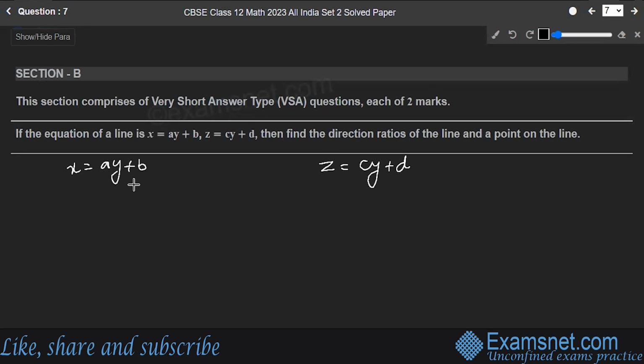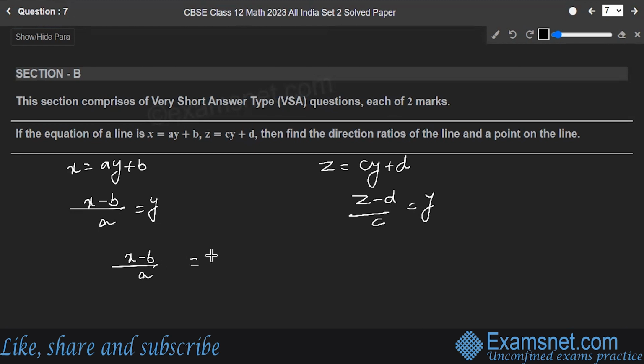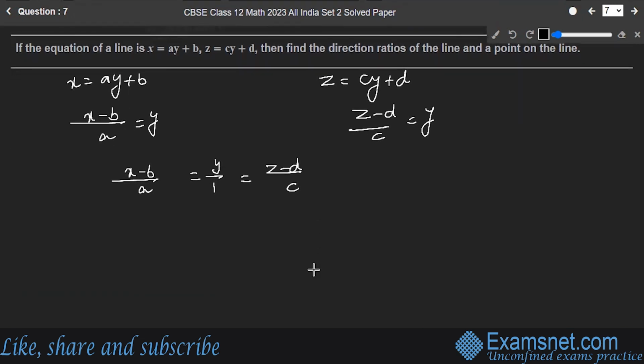So this can be written as (x minus b) upon a is equal to y, and (z minus d) upon c is equal to y, which makes (x minus b) upon a is equal to (y minus 0) upon 1 is equal to (z minus d) upon c. Therefore, the direction ratios of the line become a, 1, and c.